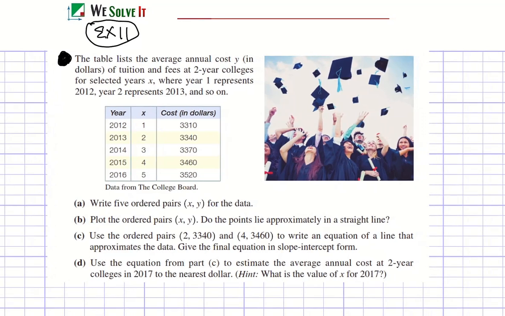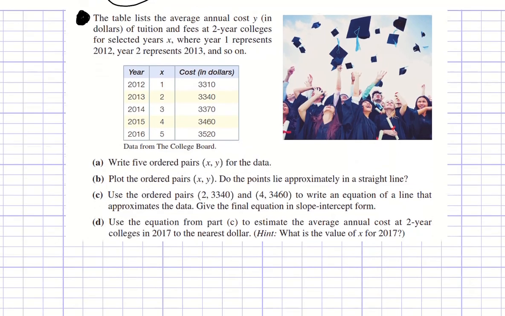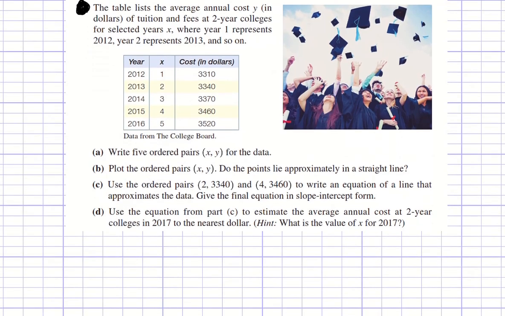So what they're saying is, write 5 ordered pairs X, Y for the data. Write 5 of them. We'll have to conserve space because this one will take a lot of space, so I will try to conserve space by writing small. Number A, let me see how many.